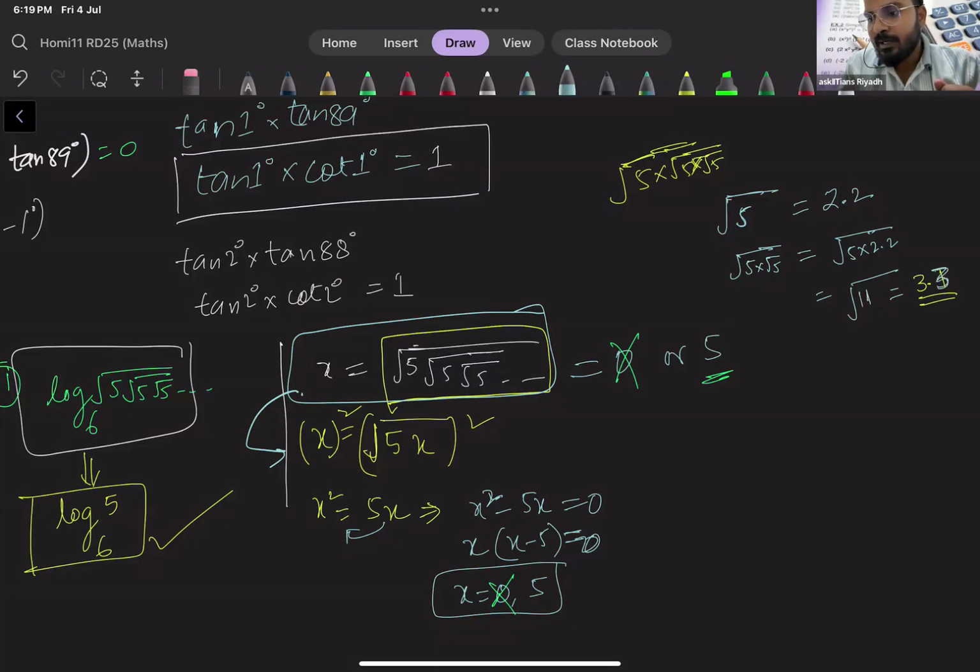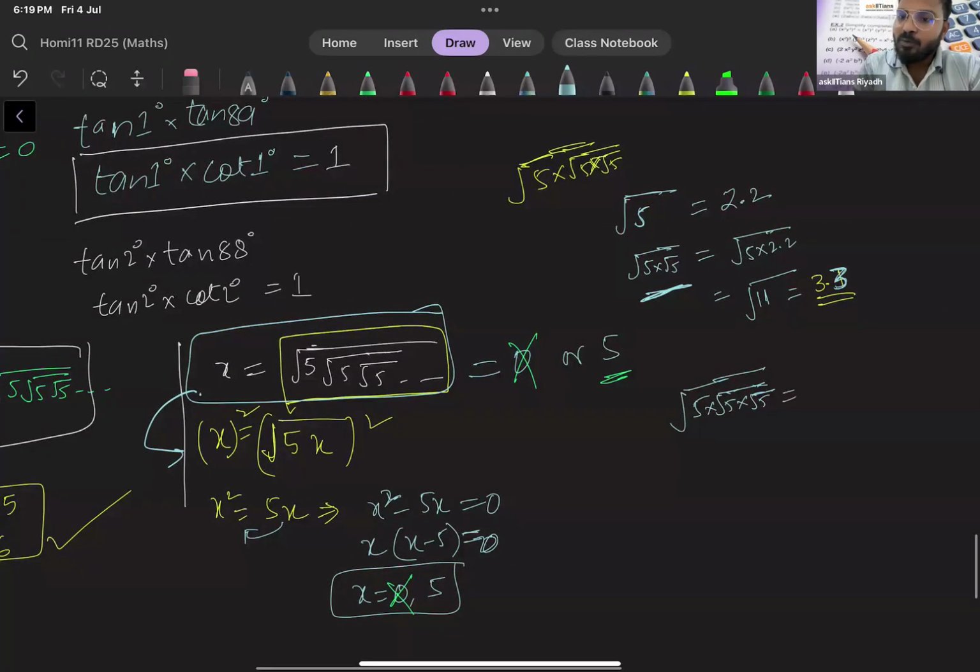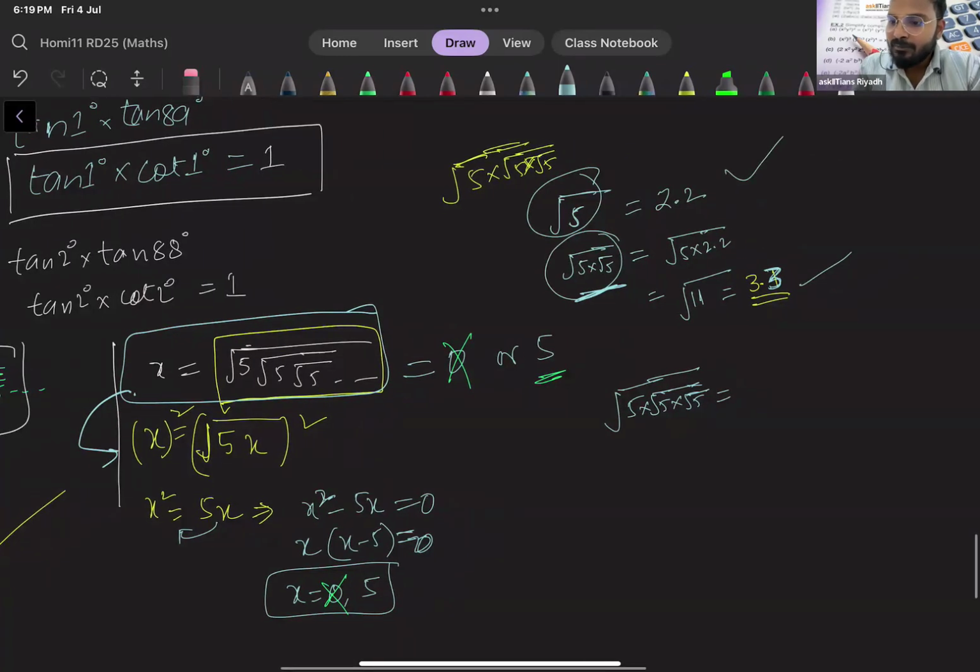रेहान, समझ में आ रहा है क्या बोल रहा हूँ मैं? Yes sir, yes sir. तो ये 3.3 था. तो अब तुमने अगर एक बार और मल्टीप्लाई कर दिया, root 5 into root 5 and into root 5 inside this, तो what you are trying to do is, पहले root 5 था तो 2.2, root 5 twice है तो 3.3, root 5 three times है तो what will happen, 5 multiplied by root 5 as it is into 2.2.